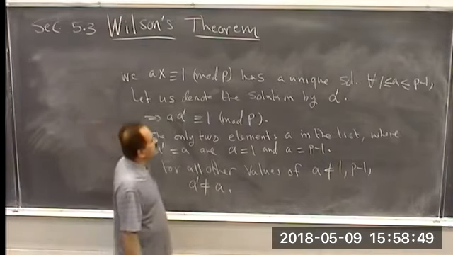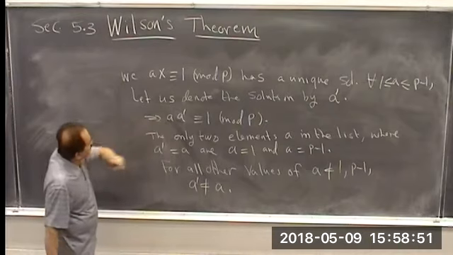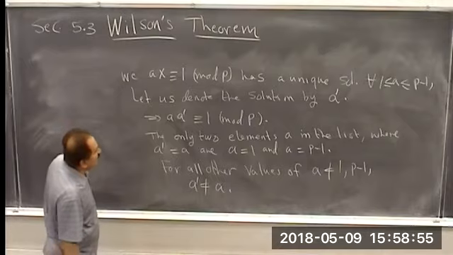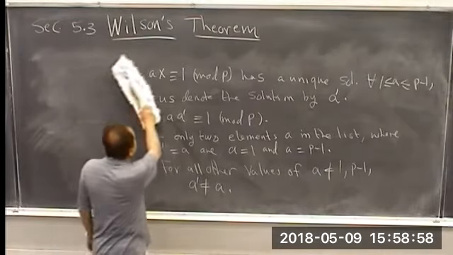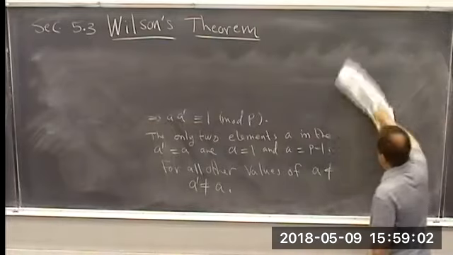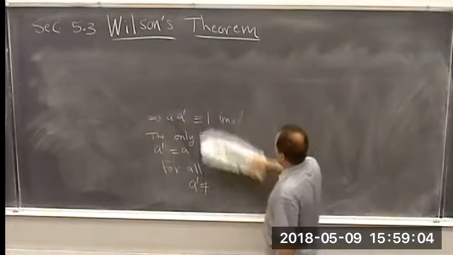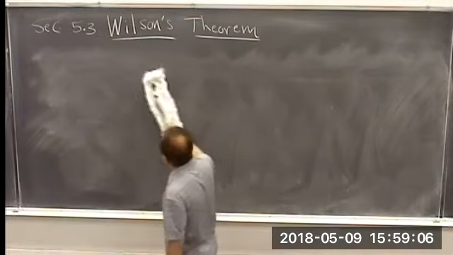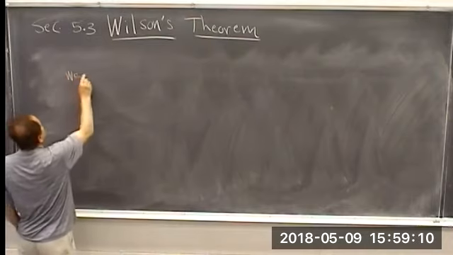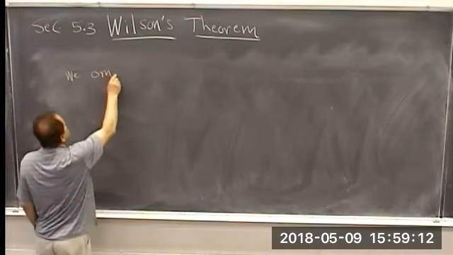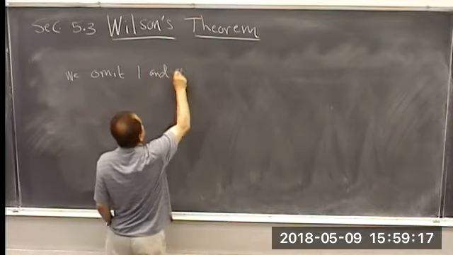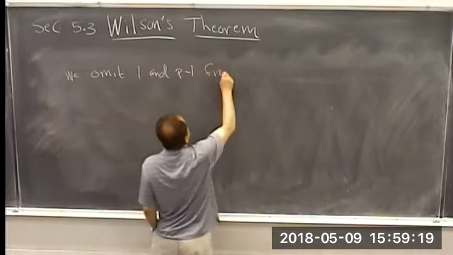So the existence of this multiplicative inverse does exist. So we're going to omit these two numbers that are their own inverses. So we omit 1 and p minus 1 from the list.